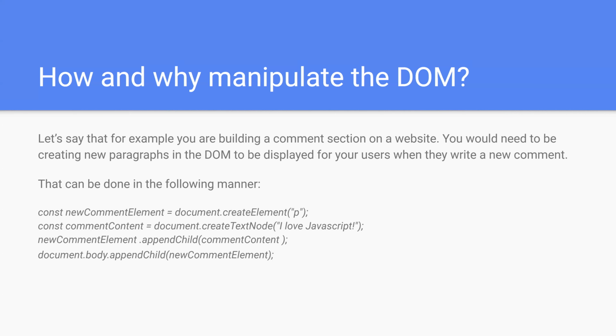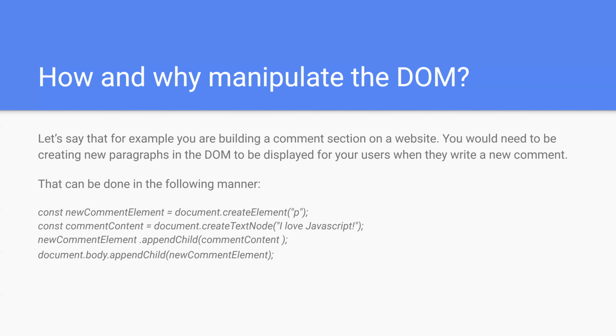You don't know ahead of time how many comments there are under the picture, or how many paragraphs to put to display these comments. So what you would do is manipulate the DOM to add paragraph tags for as many comments as you need to display.